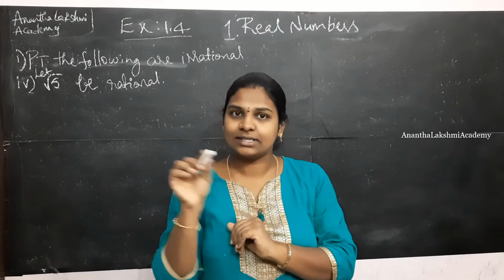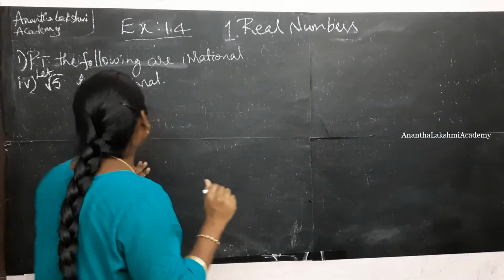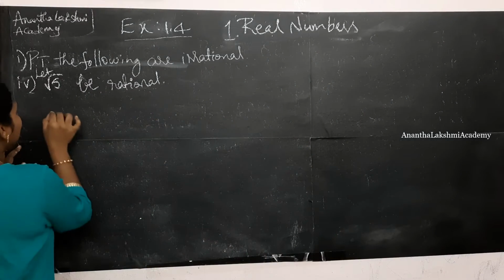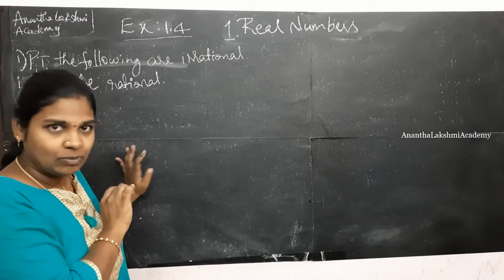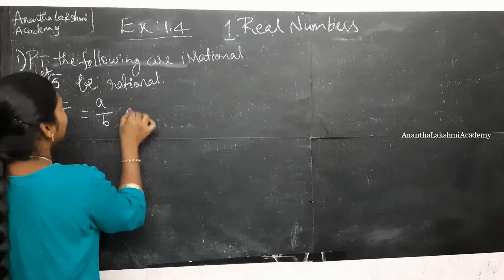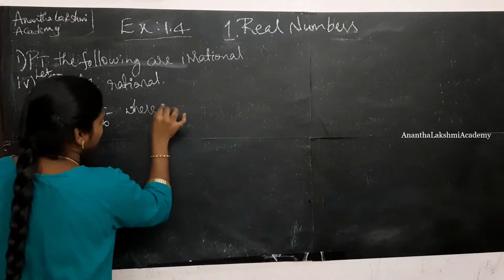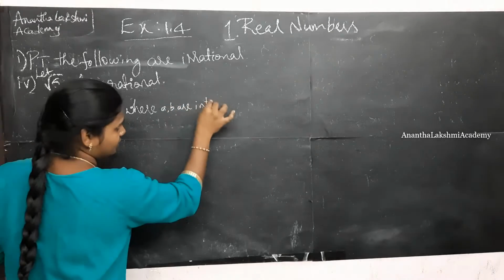Isn't it the same thing which we learned in the last video? Yes. So once root 5 is rational, it should be in the form of a by b, where a, b are integers.